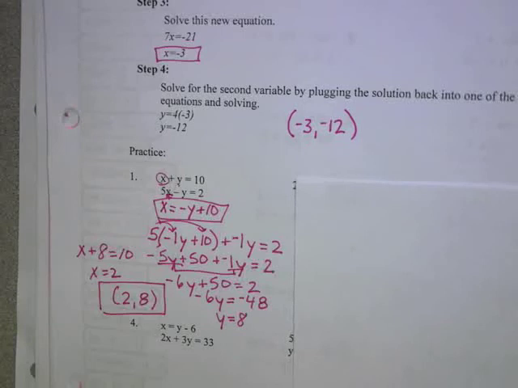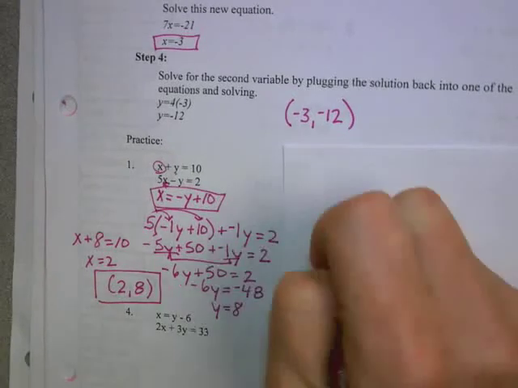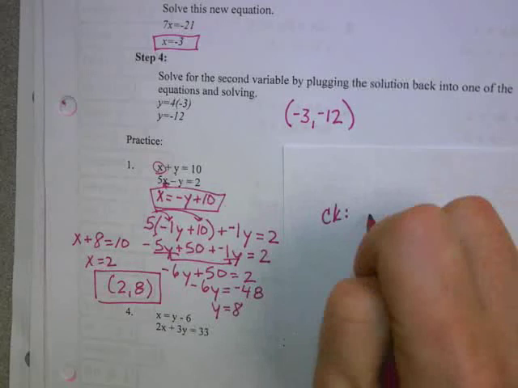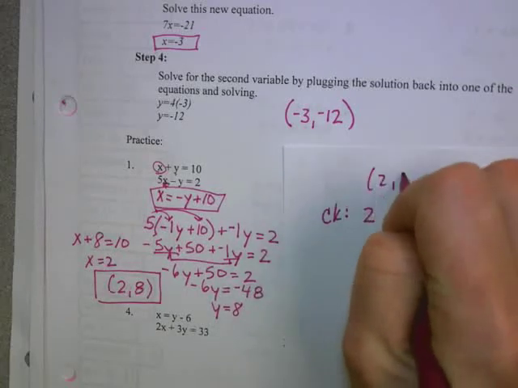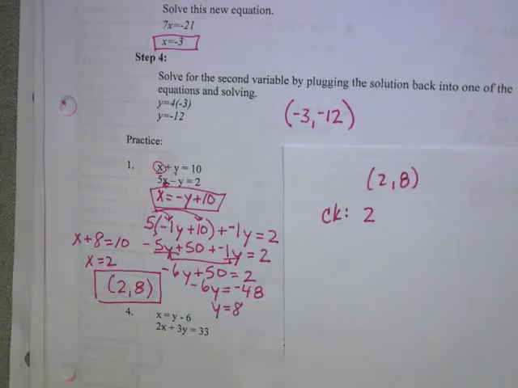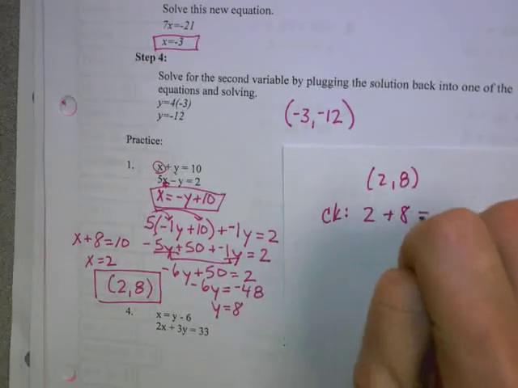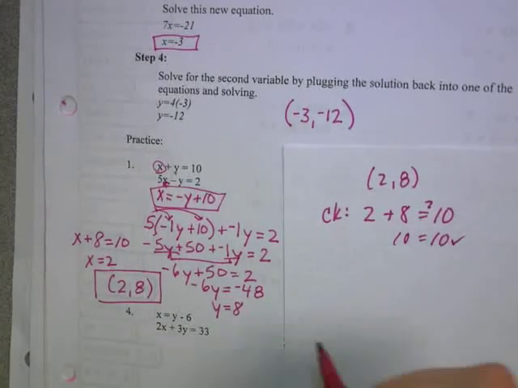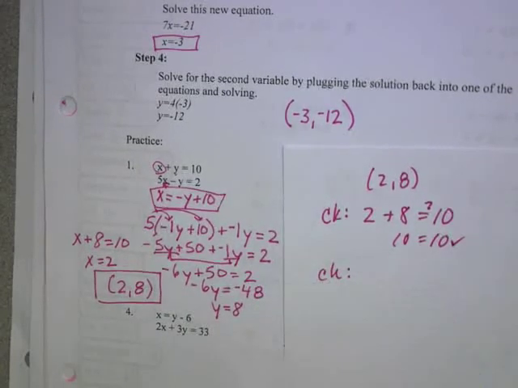So I'm going to do a check on a separate piece of paper since I ran out of room there. Here's my check. So 2, 8 is my solution, I believe. So 2 plus 8 equals question 10. Well, of course it does. 10 equals 10, so that was the first equation. And then I'm going to check the second equation.